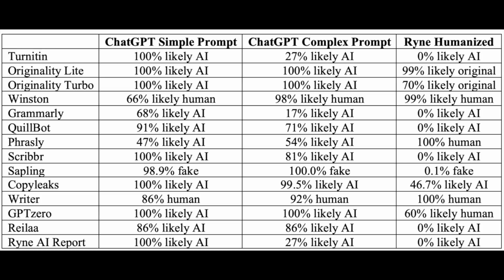Now that we've finished all that testing, which AI detector will give students the most similar scores to Turnitin? With the simple prompt essay, Originality Light and Turbo, CopyLeaks, GPTZero, and Ryne's AI report feature provided identical 100% likely AI scores like Turnitin did. Notable mentions are Quillbot, Sapling, and Reilaa, which were the closest.